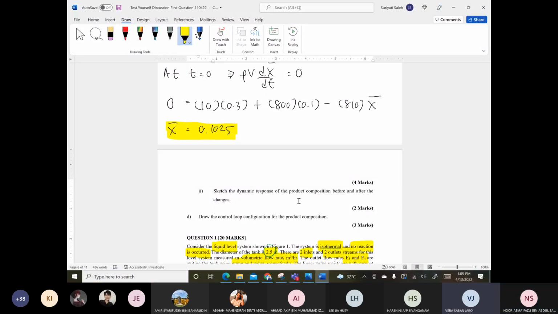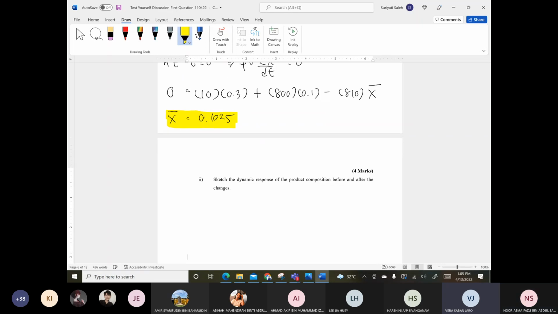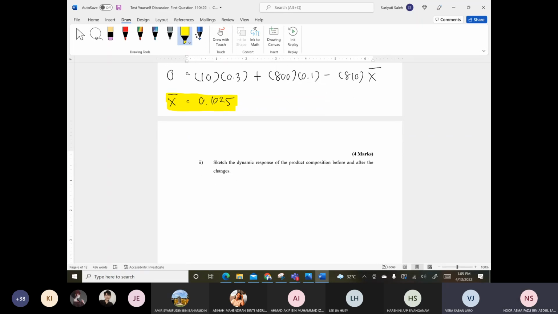Here it just requires you to have the dynamic response of the product composition before and after the changes.